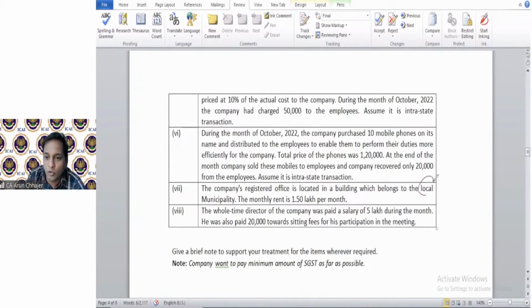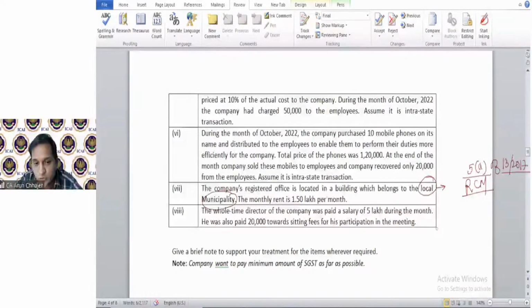The local authority, the local municipality, so I can say it will be covered under reverse charge. You can refer to serial number 5A of the 2017 RCM notification, which talks about renting of immovable property by the central government, state government or local authority; then it will come under reverse charge.